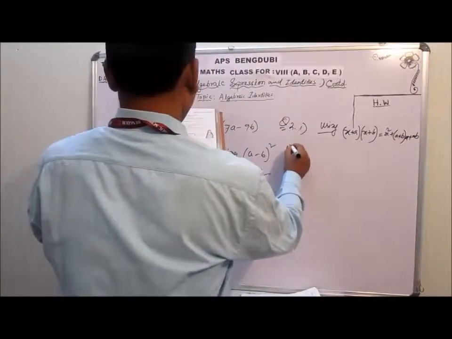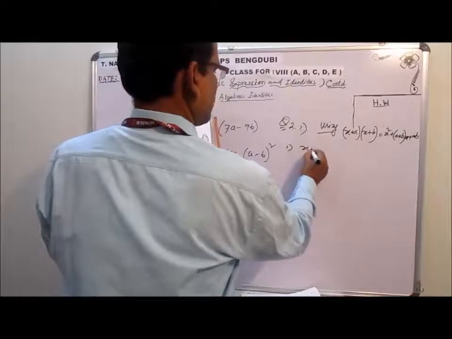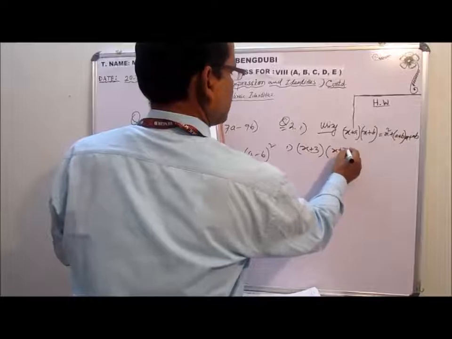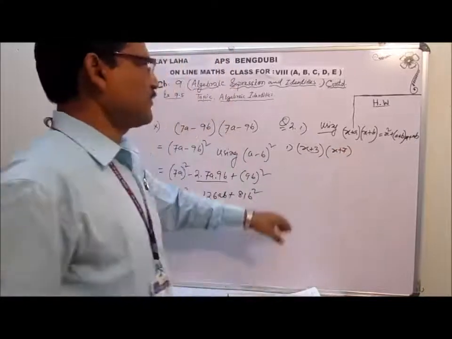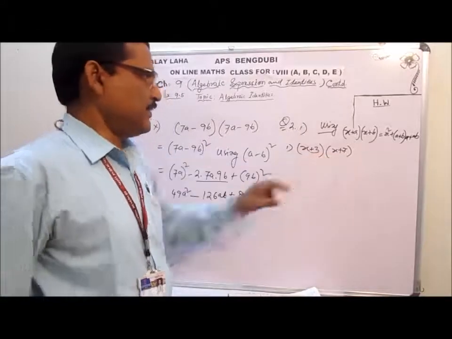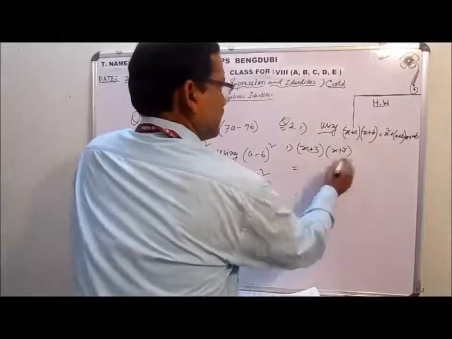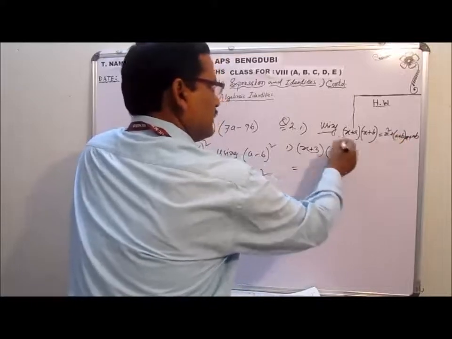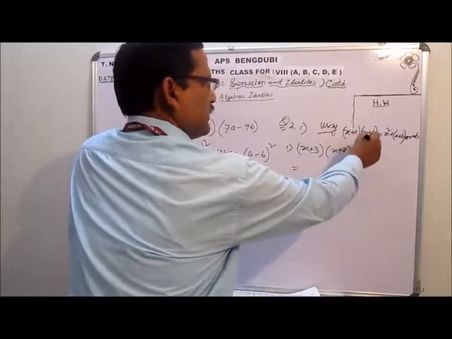Question number 1, part 1: (x + 3) into (x + 7). Here x is x, a is 3 and b is 7. So you will follow directly using that identity. Already I have mentioned, no need to write down further, using (x + a) into (x + b).